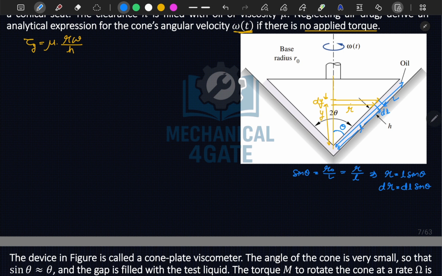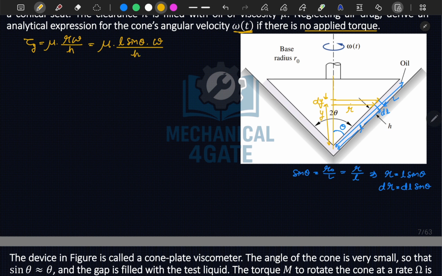So I can write this tau is equal to mu times r, which is l sin theta, times omega divided by h.